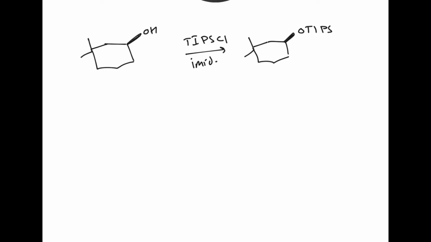When we talked about protecting groups before, I said that you needed 2 things in a protecting group, right? It needed to be easy to put on and then easy to take off, all right? So these are pretty easy to put on. You take the silicon with a chloride on it, you add a base, and it adds to the alcohol. Easy enough, right? How do we get them back off?